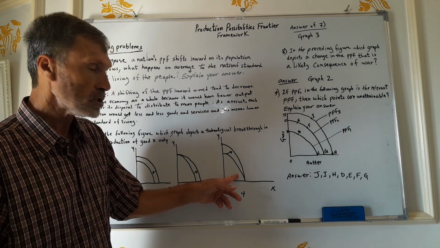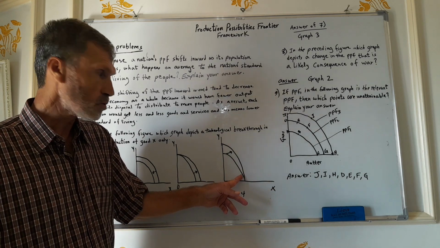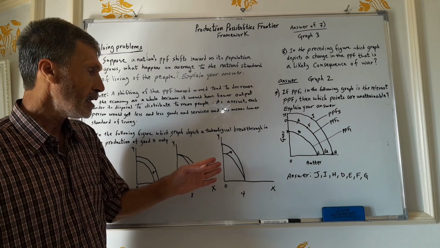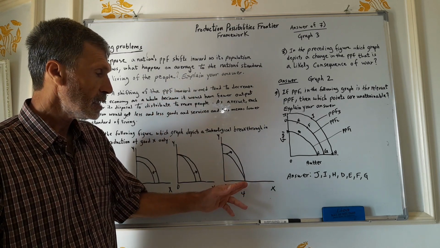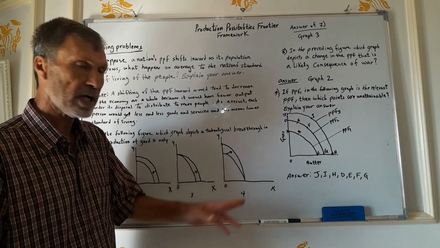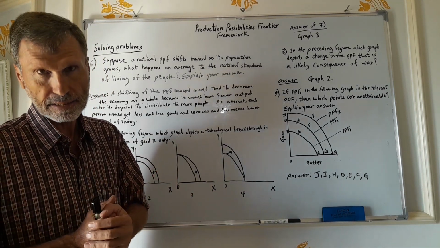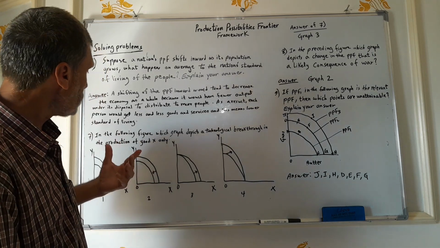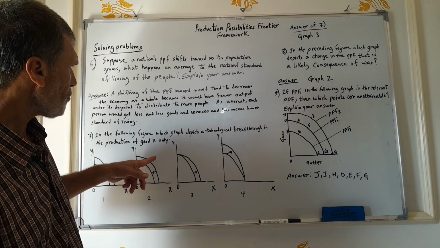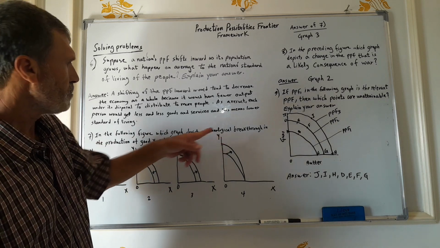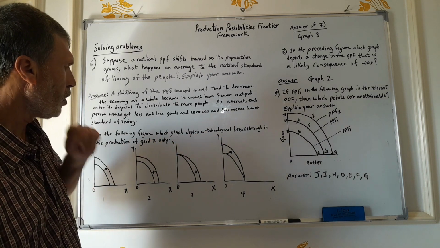Here you can see also a shifting of the PPF outward. However, the maximum output of Y increases. However, the maximum output of X stays the same. So the question is, which of the following figures depicts a technological breakthrough in the production of good X only?